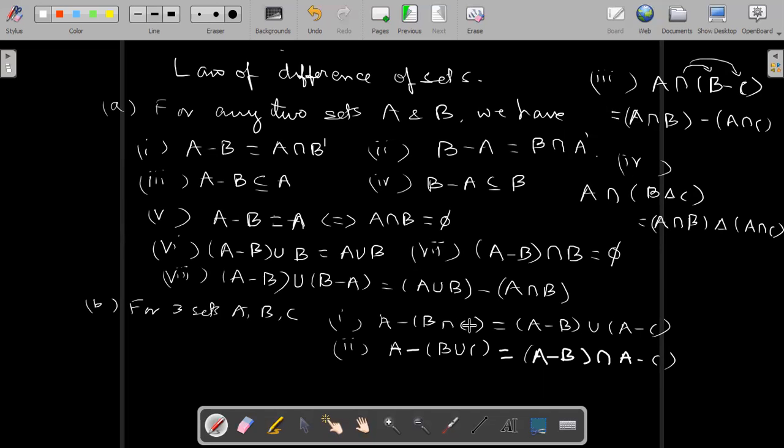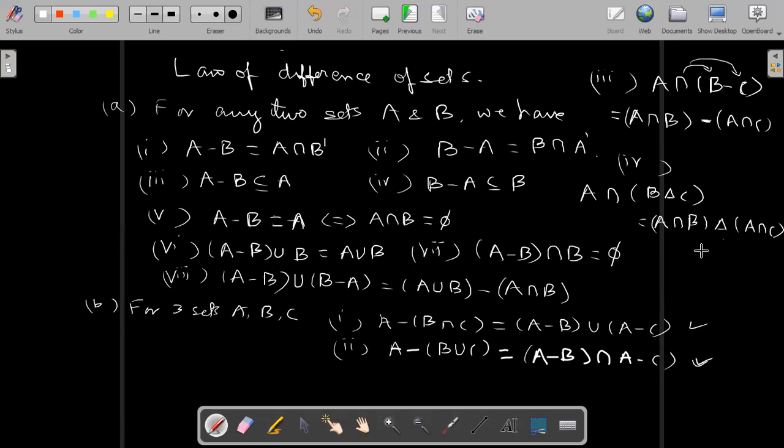You only have to remember where union and intersection are changing. Here intersection changes to union and union changes to intersection, but here there is no change. Only minus will come between A intersection B and A intersection C, and between them the symmetric difference will come.